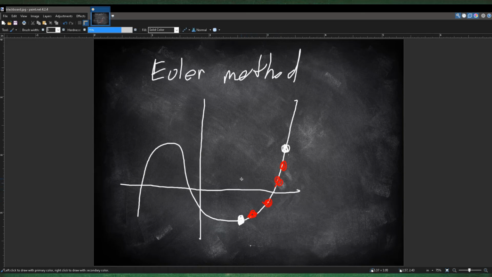So as you increase the dots between these graphs, let's say you have a bunch of these dots in here, then we can find all the slopes of these dots, add all these slopes together, and then add the y value of this point, and we could get the y value at this point. And that's basically how Euler's method works.